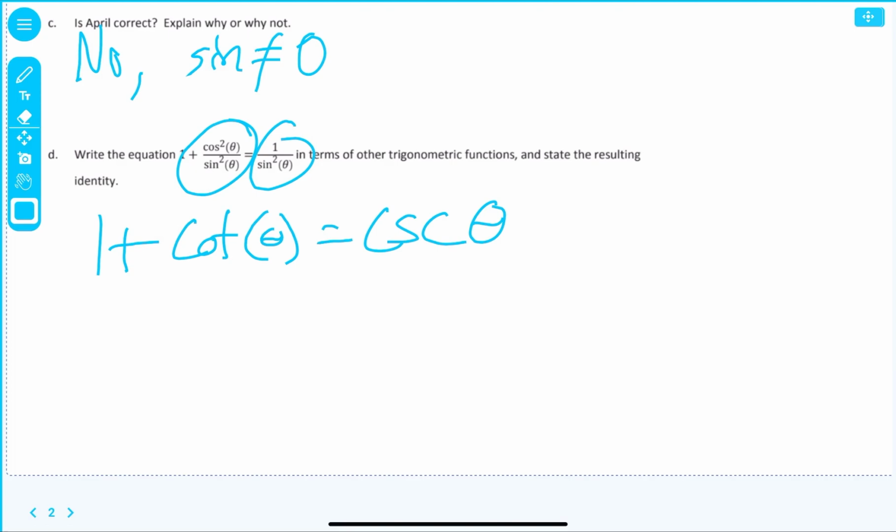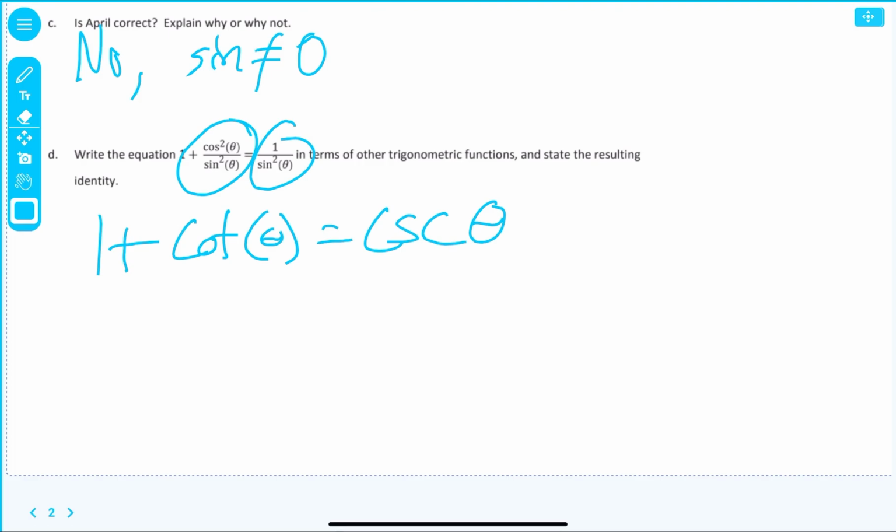But when you rewrite it like this, you still have to remember what cannot happen here. Even though we don't have a sine in here at all, we know that cotangent is cosine over sine.